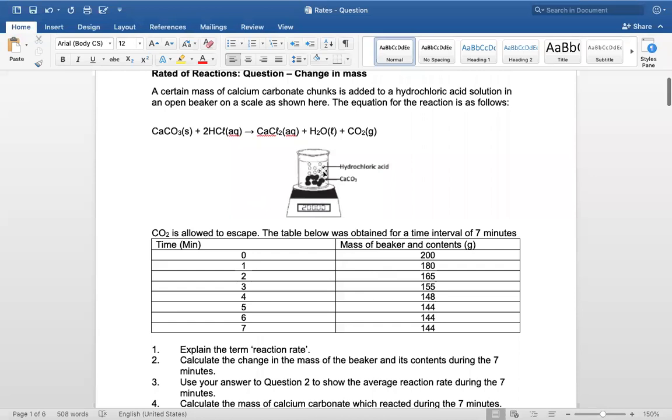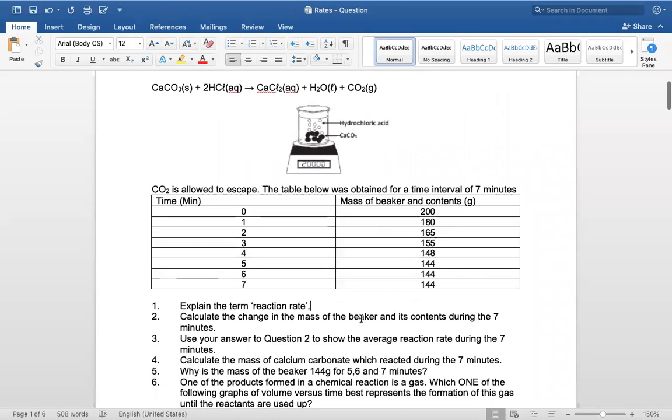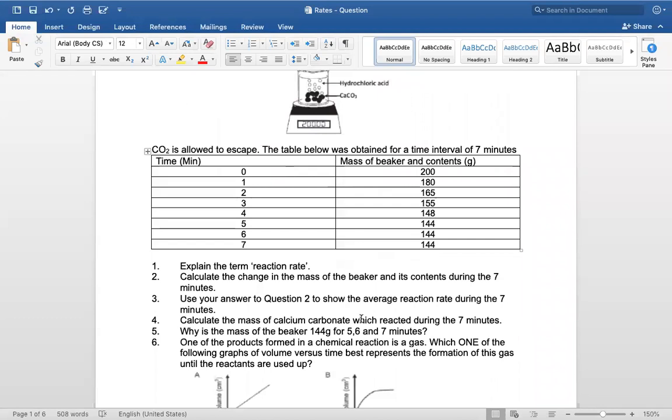So the chalk, putting it in simple terms, was put into the acid, the chalk got finished, right? So the calcium carbonate got used up in the acid. Most probably that will be the most obvious answer. So that's why it stays at 144, because the reaction is complete, because there are no more reactants to react.